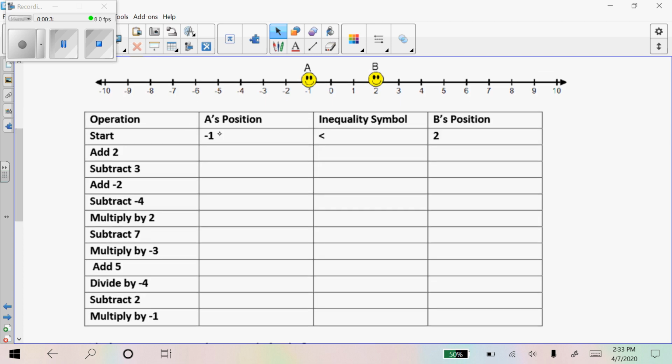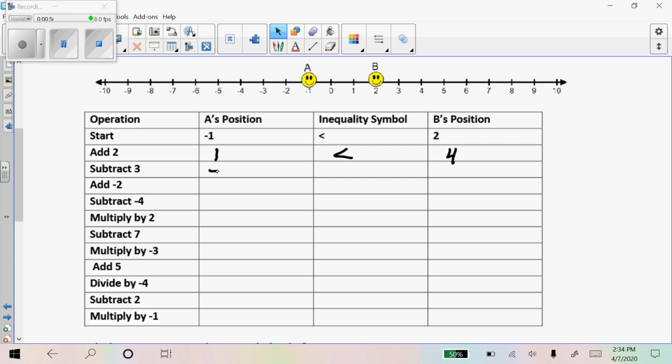So if we add 2 to each of these, A ends up being 1, B ends up being 4, and we can see that the inequality symbol would still be the same. 1 is less than 4.